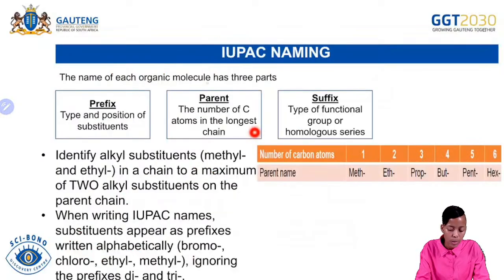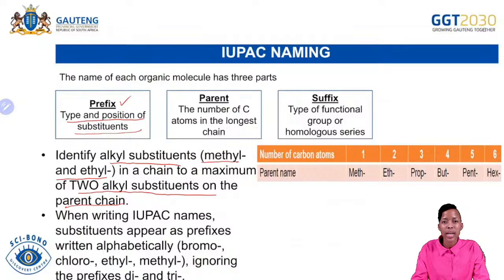Then again, it says the name of each organic molecule has three parts. So we have a prefix, and then it says it is the type and the position of the substituents. So positions are very important. Then it says here you need to identify the alkyl substituents, for example methyl and ethyl in a chain, to a maximum of two alkyl substituents on the parent chain.